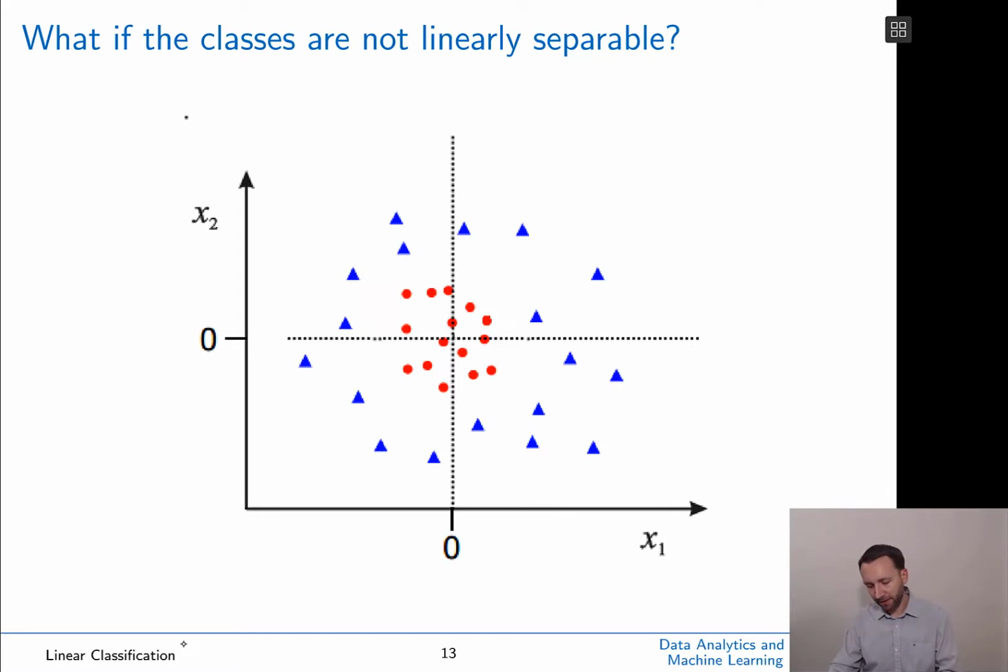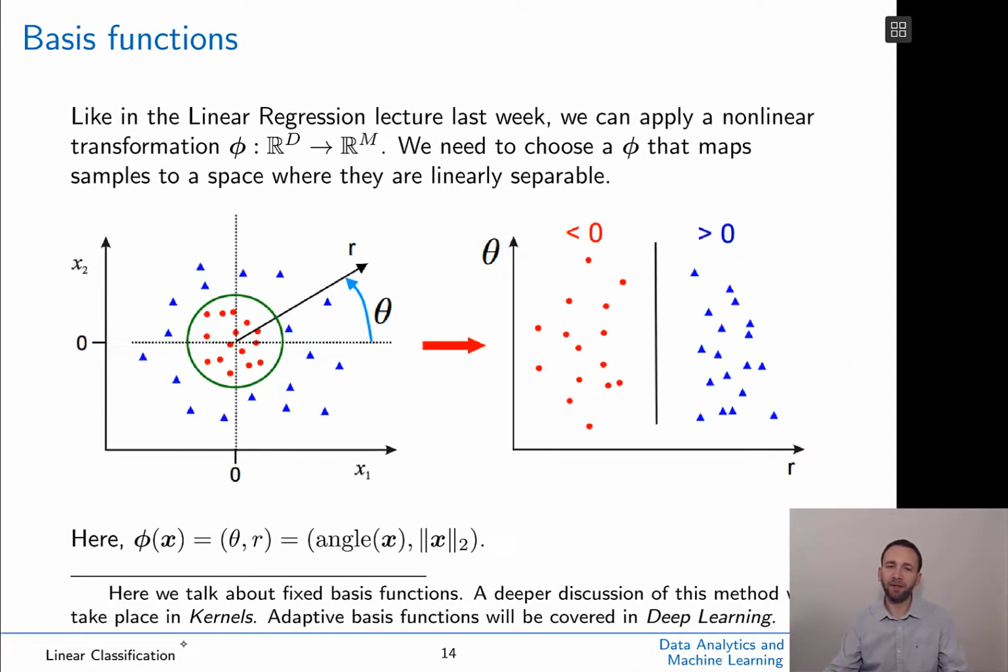Here we have again a 2-dimensional space, colors indicate classes, but it's not linearly separable. Whatever hyperplane you pick, you can't separate blue from red. So what can we do? This is very straightforward, I guess. We can again apply our trick of basis functions, transforming the raw data to some other space, extracting features, so to say.